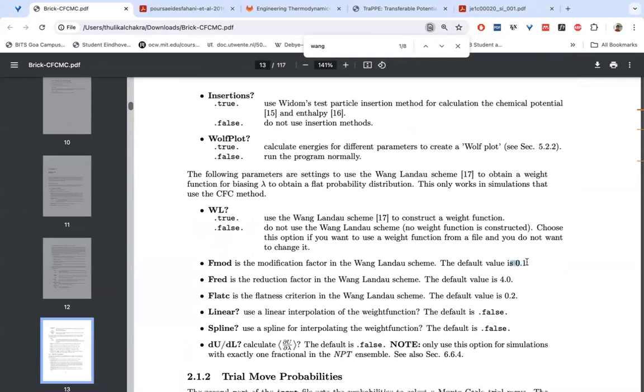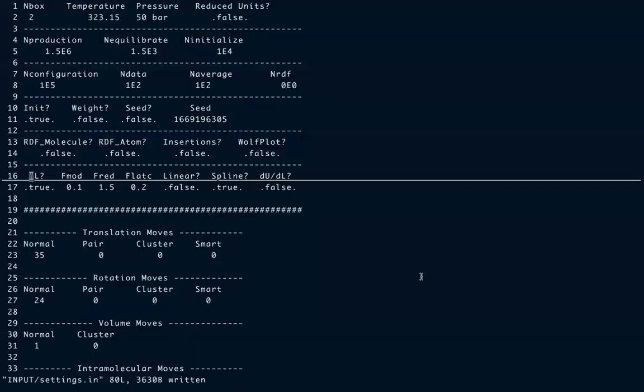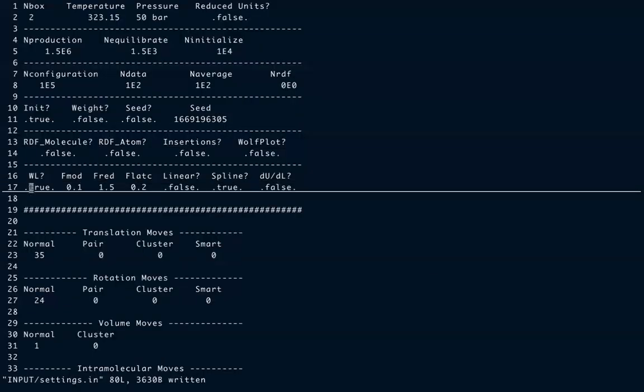Now, I've just chosen the default values for the Wang-Landau scheme, and I will not get into the details of this because you can play with it, and you can find the right values also by looking at the appropriate manuals and also the original article by Wang and Landau.